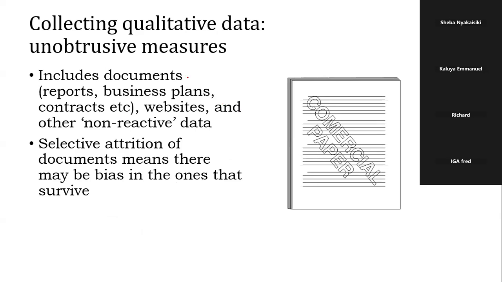You must have unobtrusive measures. When it is in groups of people it can be obtrusive, but you can have unobtrusive measures. Let's say if you're observing documents like certain reports, websites and things like that, those are unobtrusive measures.